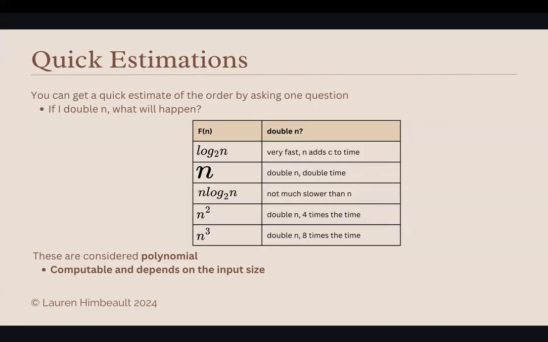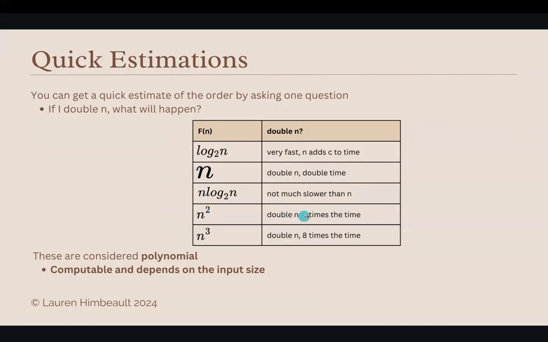For n, doubling n means doubling the time. n log n is not that much slower than n if you think about it, because it's like saying, double n, double the time, and then times some constant. Look back up to the very first line here, because this one is basically just combining these two.